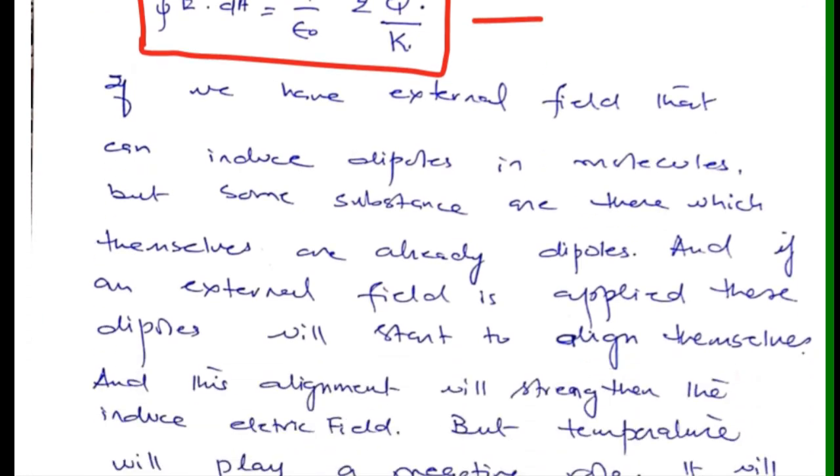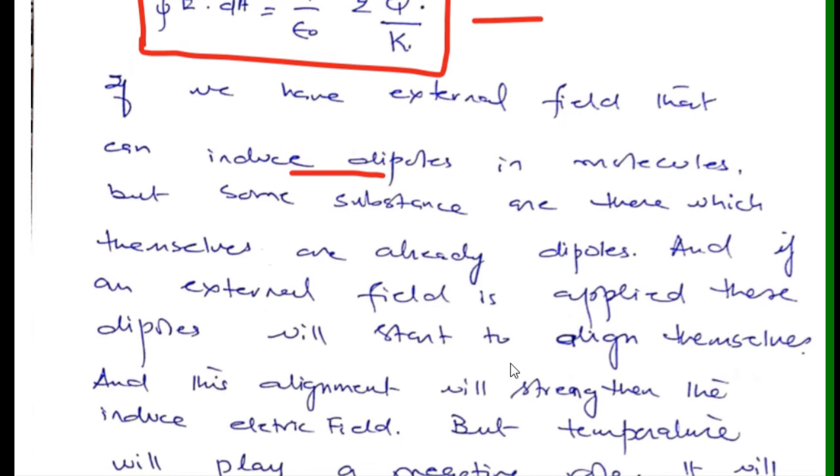Again, now coming back to the fact that if we have an external field and we apply that external field to an insulator, we induce dipoles in a molecule. But some substances already have dipoles in them. So if an external field is applied to these dipoles, they will start to align themselves.